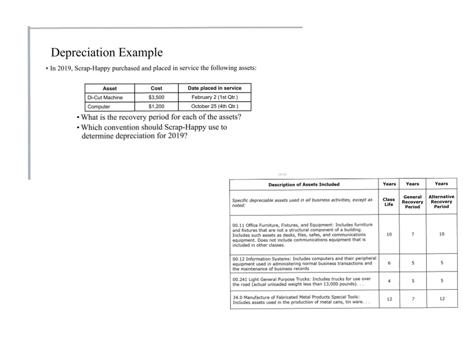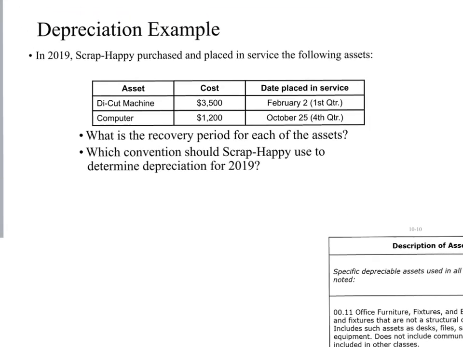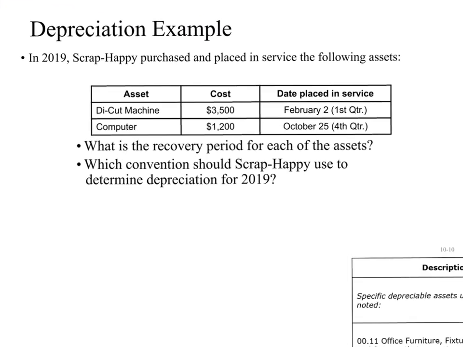This example is in your PowerPoint, and I've included the charts that you need, so I'll resize things as we're talking about things. So what do we have? In 2019, this company purchased and placed in service the following assets: a die cut machine, which is manufacturing equipment, and a computer.